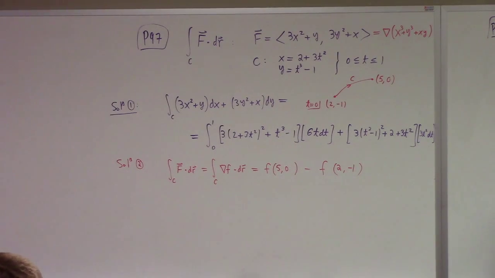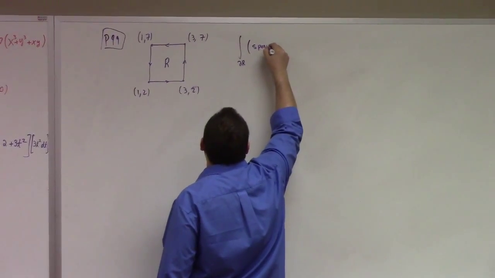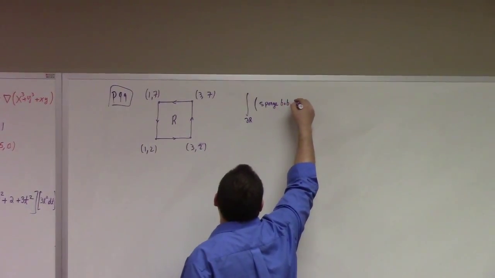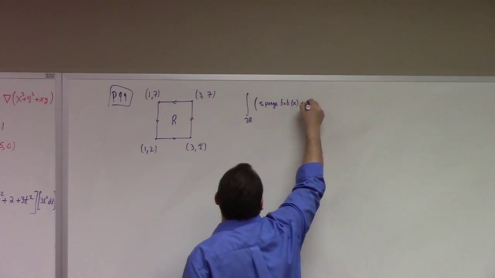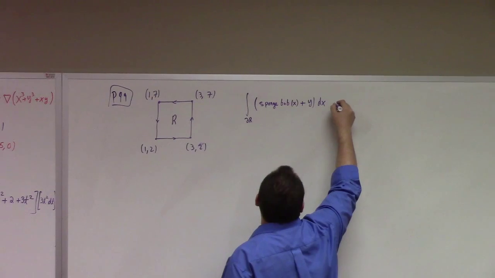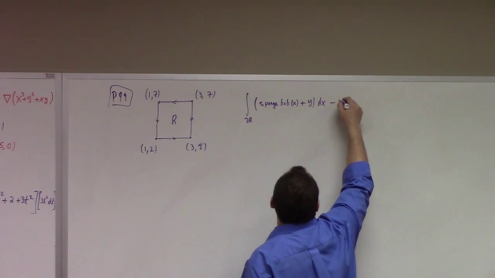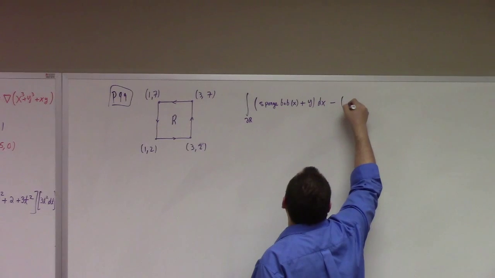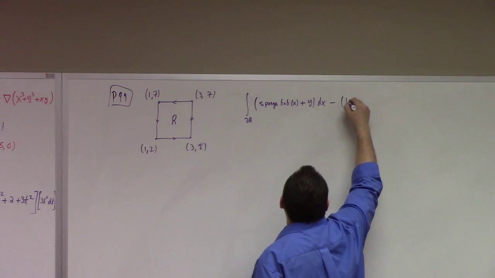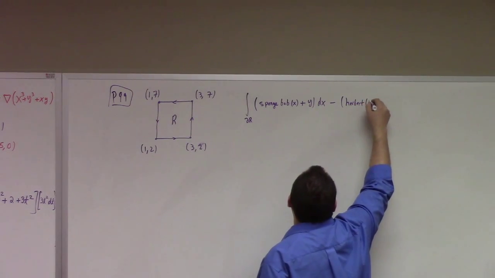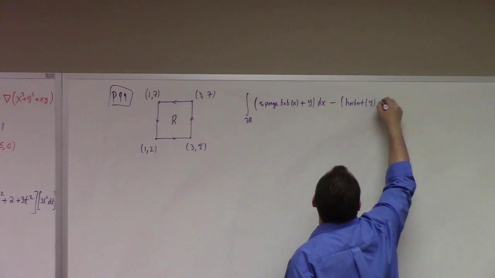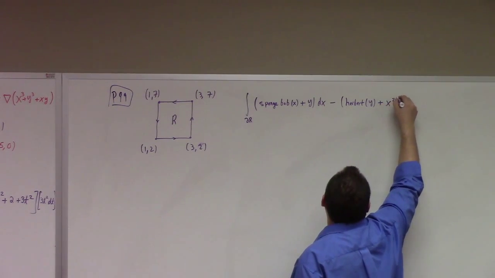Integrate along the boundary of R, I don't know, SpongeBob function of x plus y dx minus, I don't know, Herbert of y plus x squared dy.